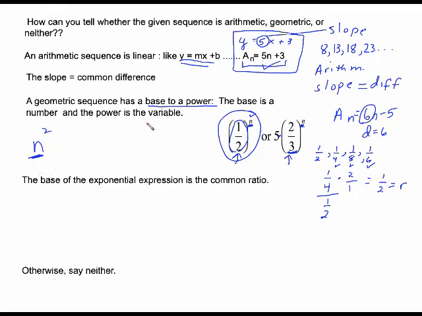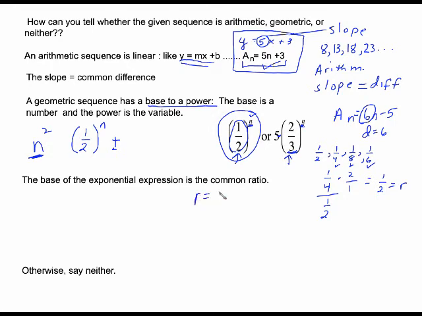Now, if I'm going to use that, I need to know one more thing. If I have 1/2 to the n, I said you could have a coefficient. You cannot have plus some other number or minus some other number. It has to just be the power with or without a coefficient. The nice thing about this is no arithmetic necessary. The base of the exponential expression is the common ratio.